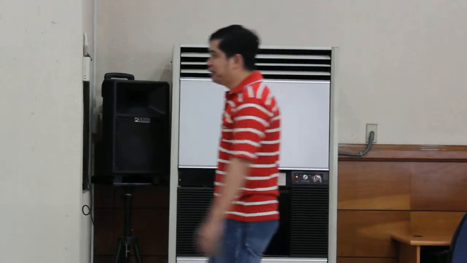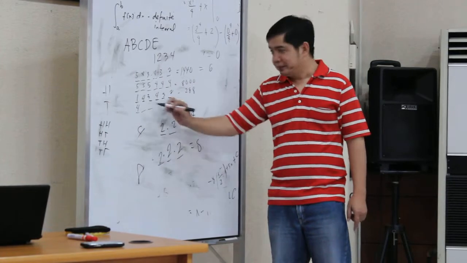Before, the first letter has to be an A. This time, the condition is that the first letter cannot be an A. What will happen? How many choices do I have for the first letter? 4. Why 4? Because I cannot consider A in that slot. The rest?